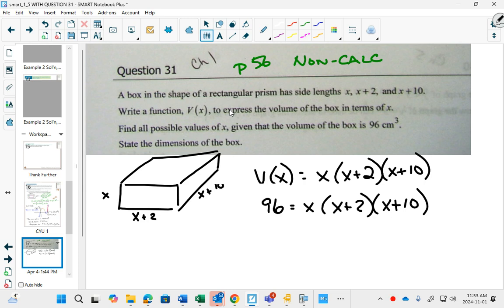And this is where the controversy started. This is non-calculator. So do you think that the answer for x is going to be something like 3.251? No. Most students were pretty smart in realizing that it wasn't going to be that. That it was probably going to be a whole number. So then they were like, does 1 work? 11 times 3, 33 times 1?